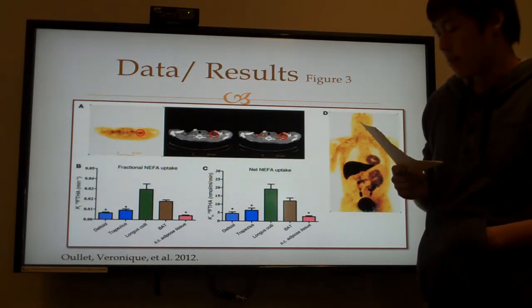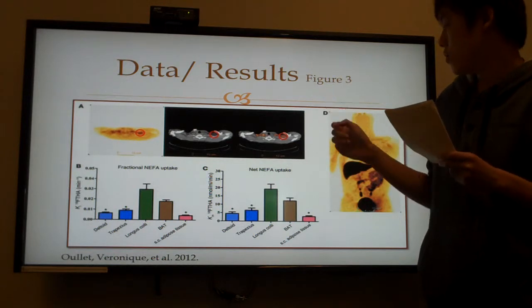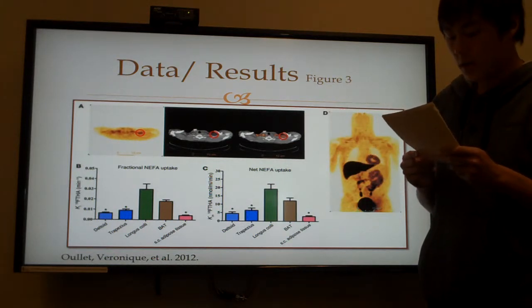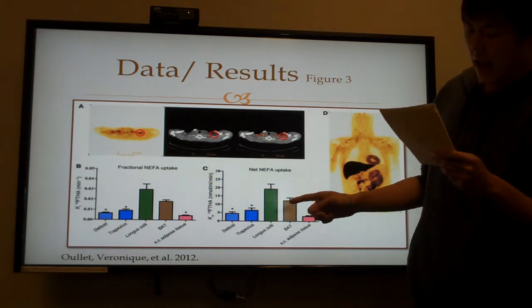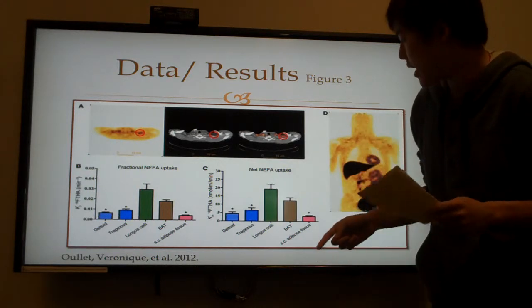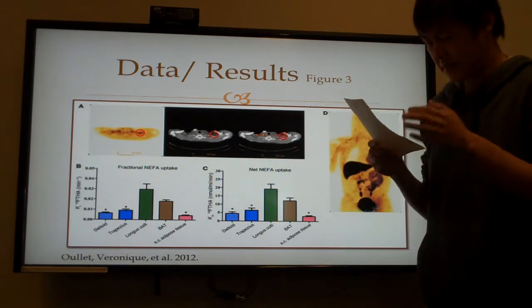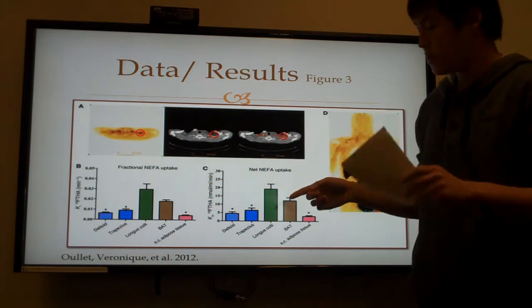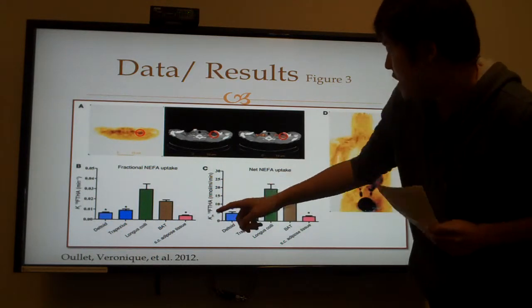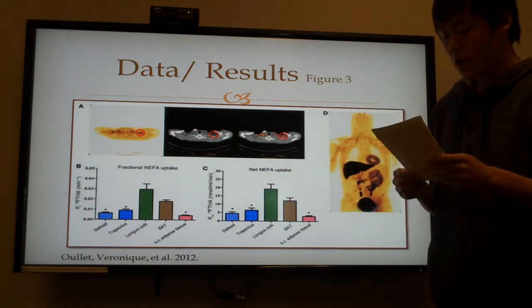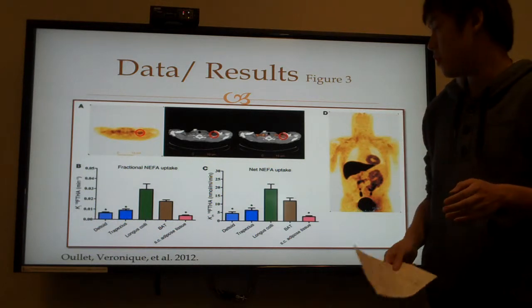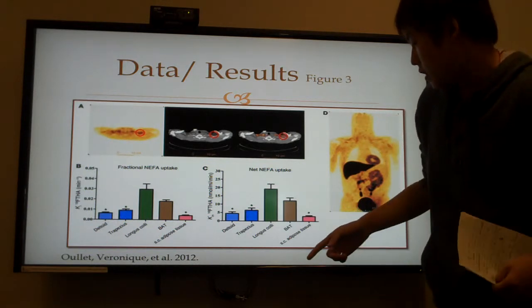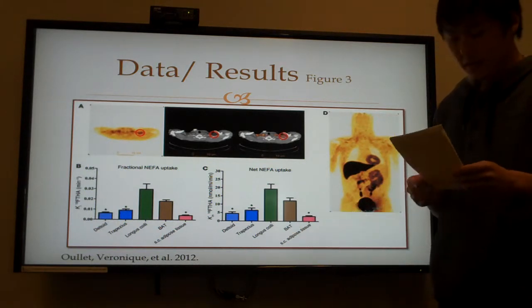From part B and part C in figure 3, we can see the net NEFA uptake by using FTHA as a fatty acid tracer. The uptake of NEFA will be the most active in longus coli and BAT.